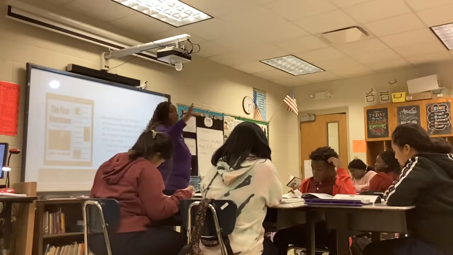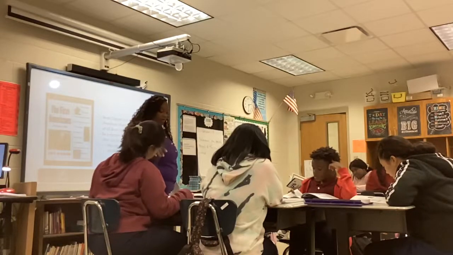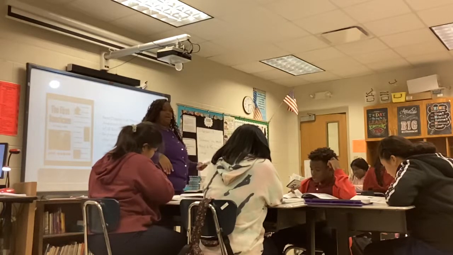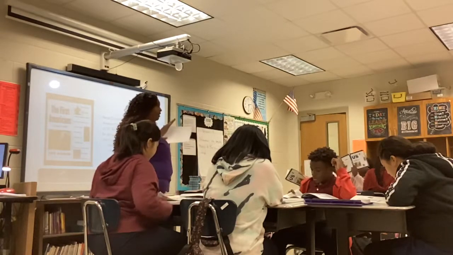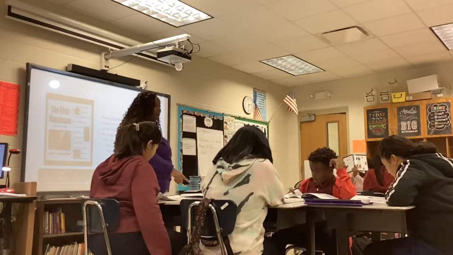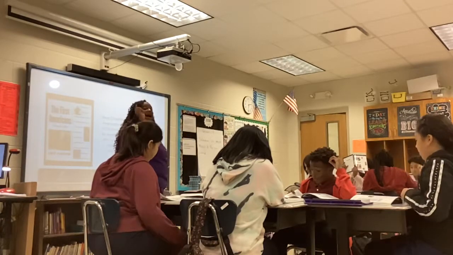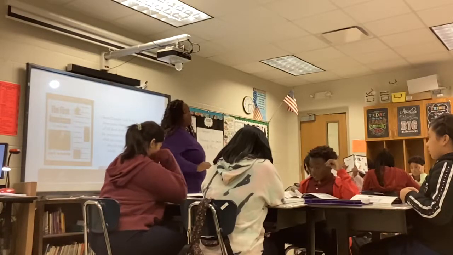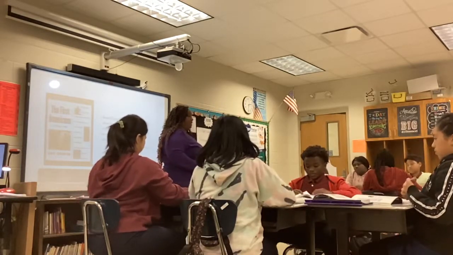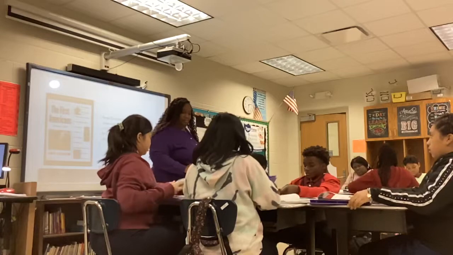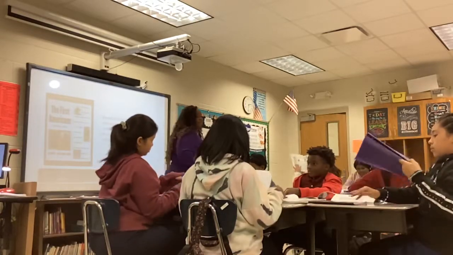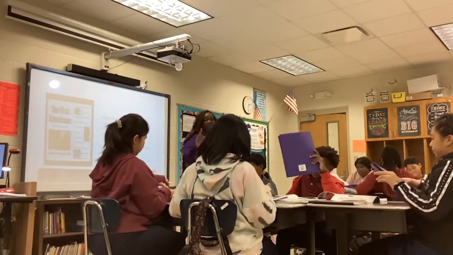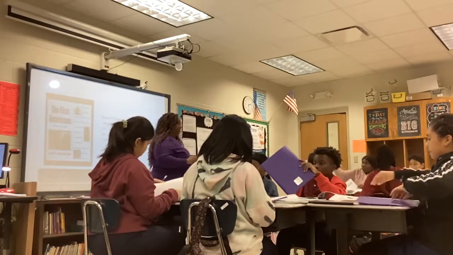Do you see where the people are walking? Yes, ma'am. And you see the blue part is the water. Beringia Bridge. So we need to write that down into our vocabulary chart. Okay? So take out your purple folders and add that as your next word in your vocabulary chart.